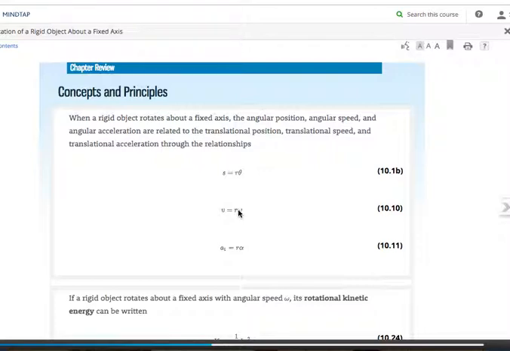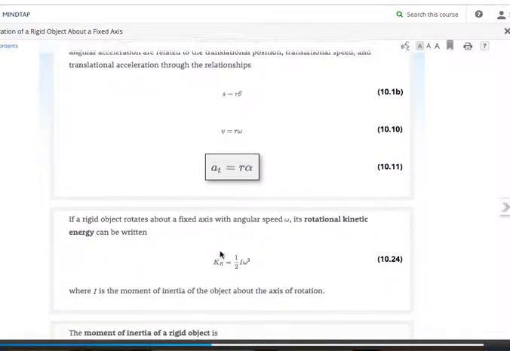So a point that is 2 meters away from the axis of rotation, that is rotating at a rate of 3 radians per second, would have a linear, tangential velocity of 6 meters per second. And the same thing applies to tangential acceleration. Again, this does not have anything to do with centripetal acceleration.